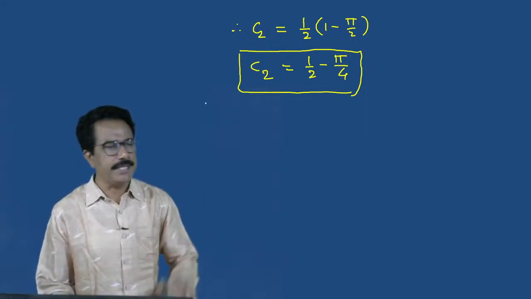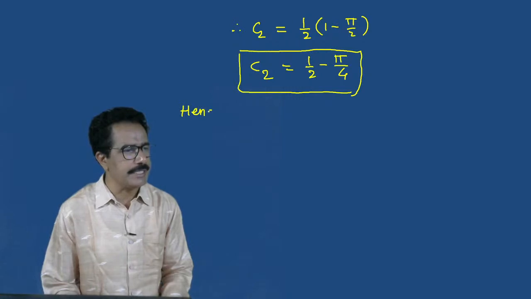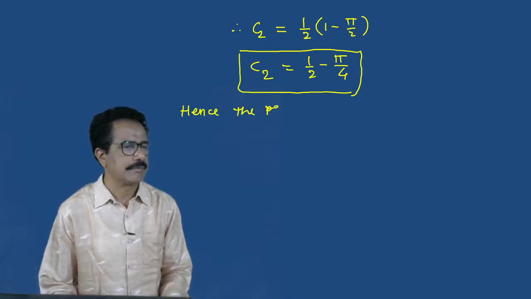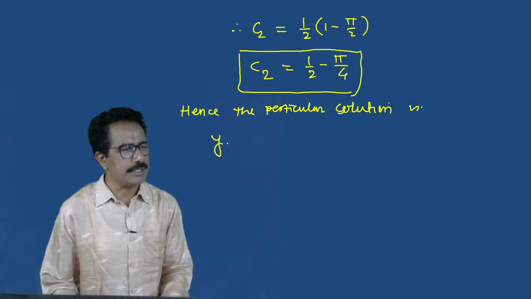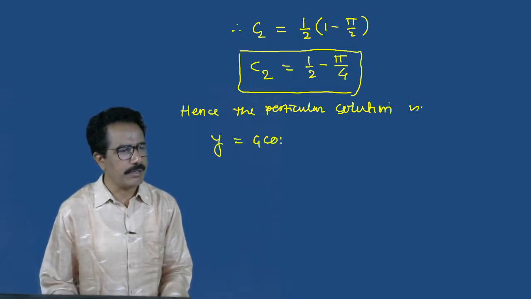Hence the particular solution is y is equal to C1 cos x plus C2 sin x plus lambda by 2.